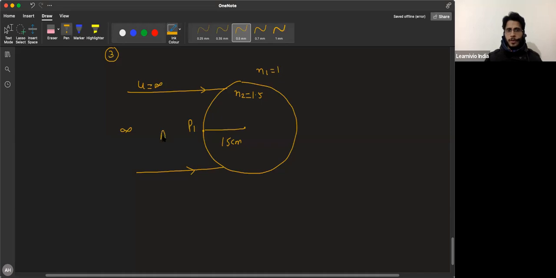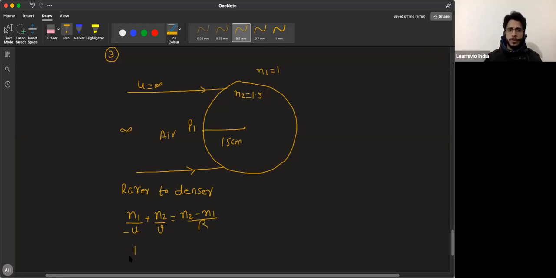Rays are coming from air to glass. So this is refraction from rarer to denser. Rarer to denser medium. So for rarer to denser, this is the relation N1 by minus U plus N2 by V, which is N2 minus N1 divided by R. So substitute all values here.